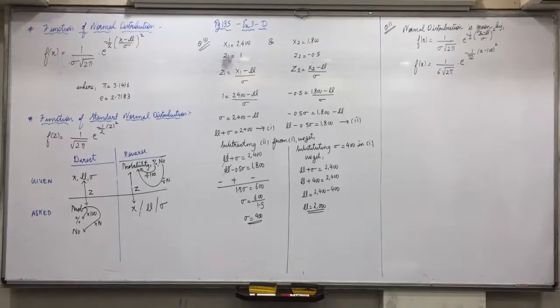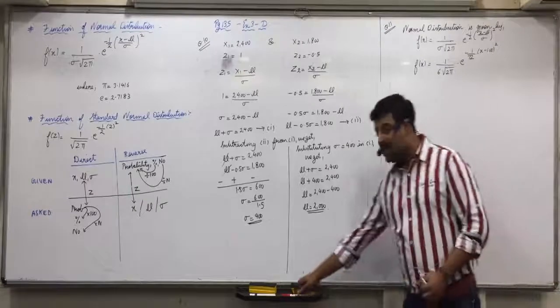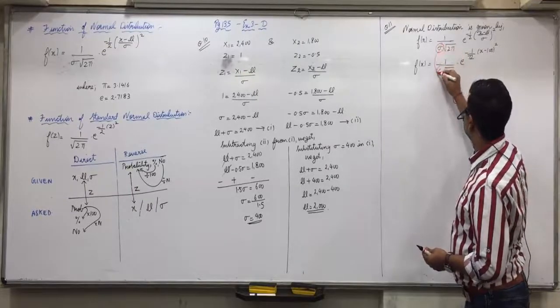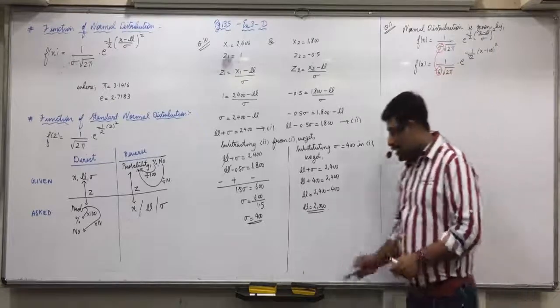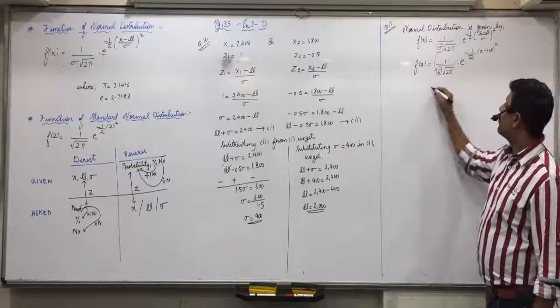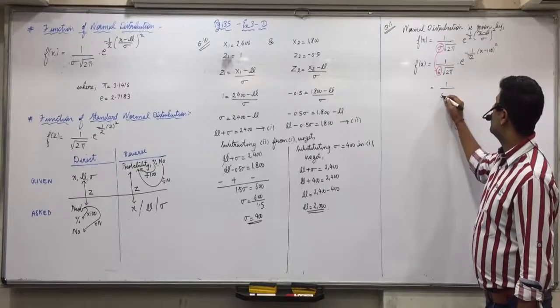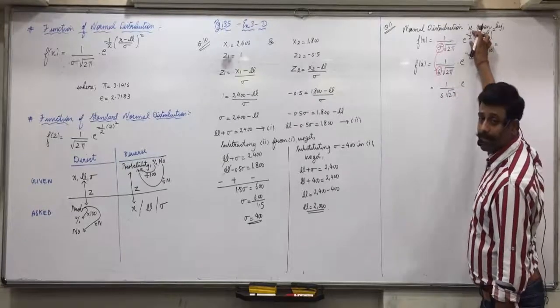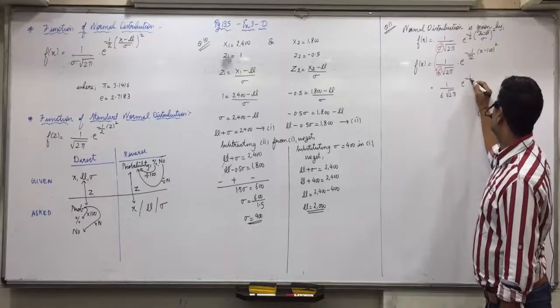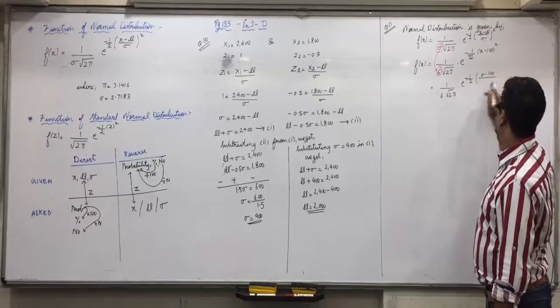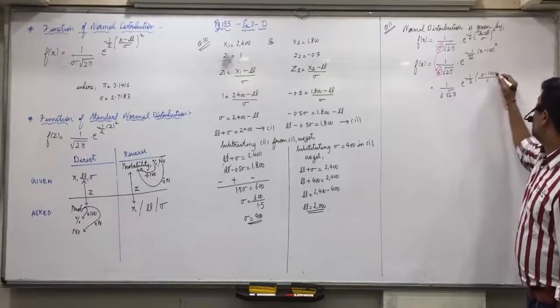Now if you compare the two equations, first of all we can straight away say that sigma is 6. Can I write this again in this manner? 1 upon 6 root 2 pi into e raised to minus 1 by 2, x minus 100 divided by sigma, 6, whole square.